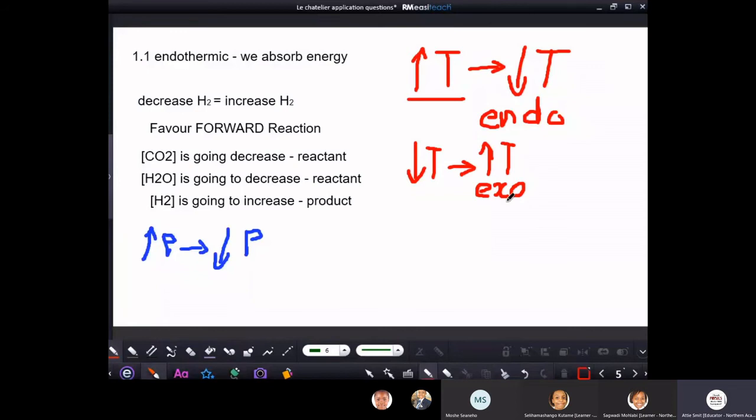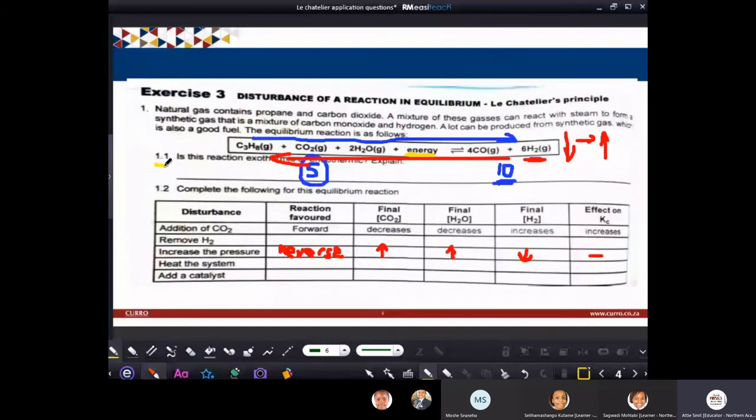All right, so we are busy with the first one. What happens if we heat the system? We are increasing the temperature, so which reaction are we going to favor? We are going to favor the endothermic reaction. Like I said, our forward reaction will be endo, because that's what we answered in 1.1. So the forward reaction is favored.